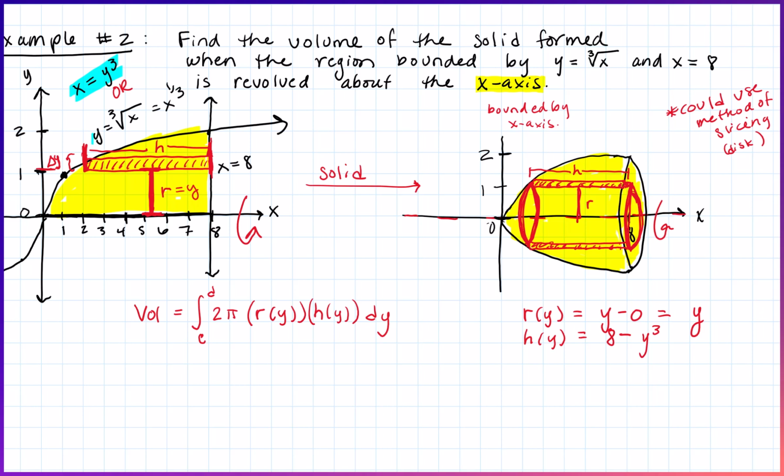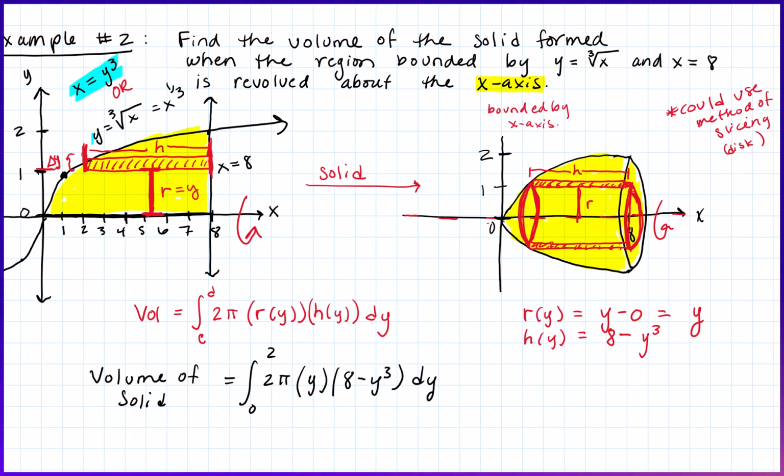So the volume of this solid is going to be the integral from 0 to 2 of 2 pi times the radius that we found, which is just y, times the height, which is 8 minus y cubed, dy.